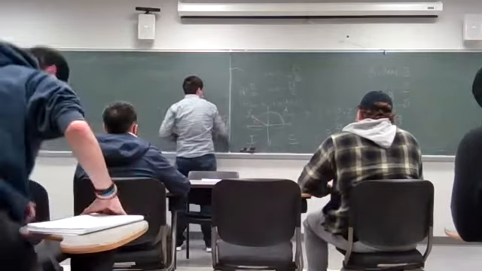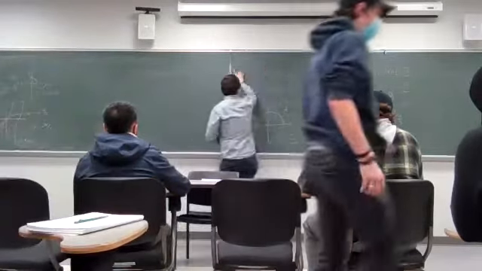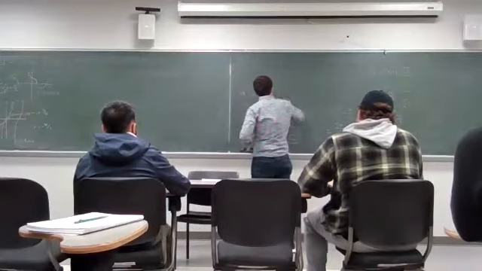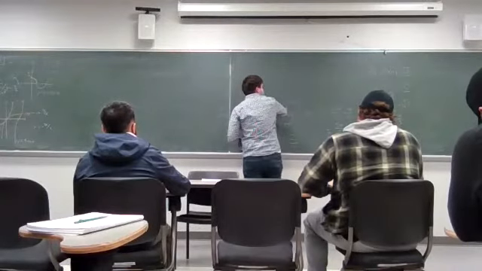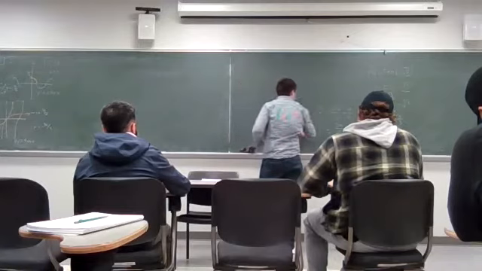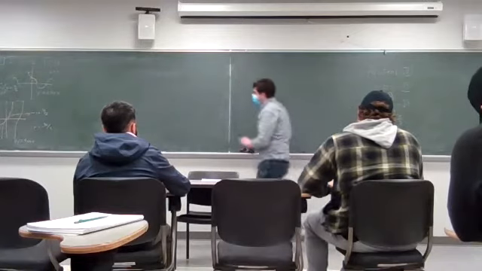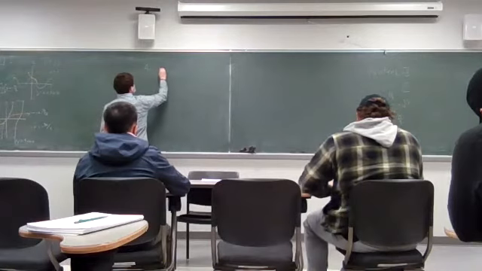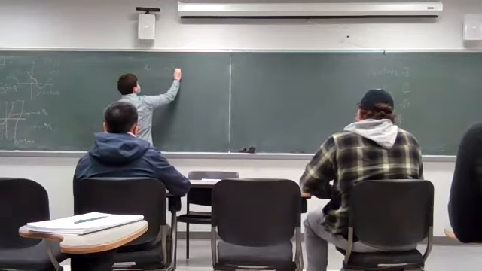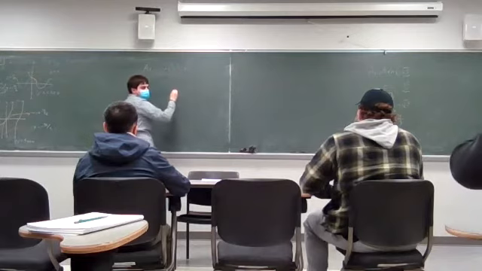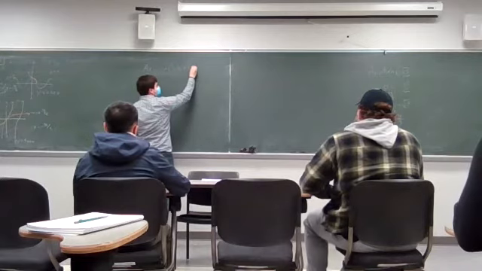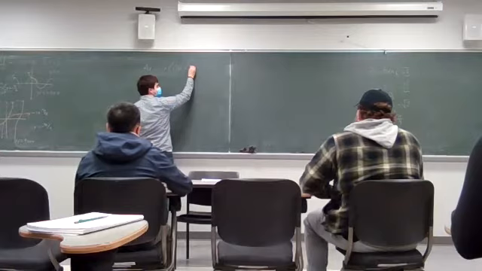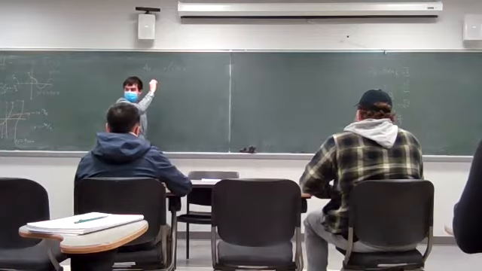is what happens when I have arc sine of sine of x. Clearly that's going to be, what is it?